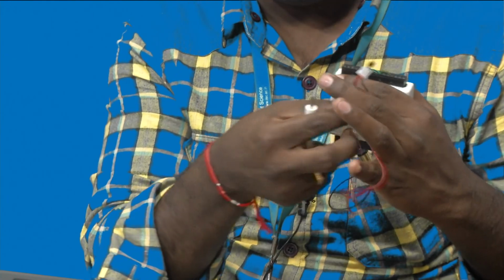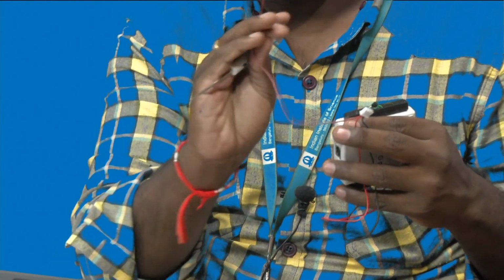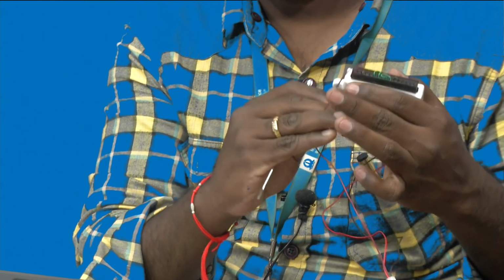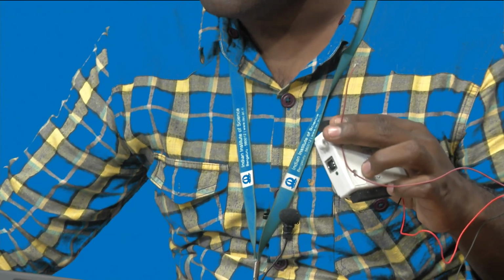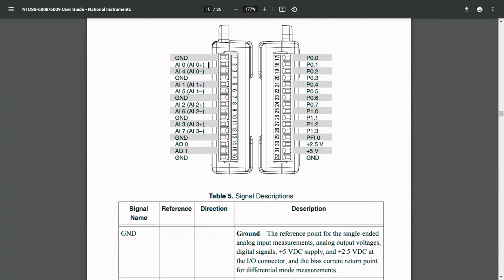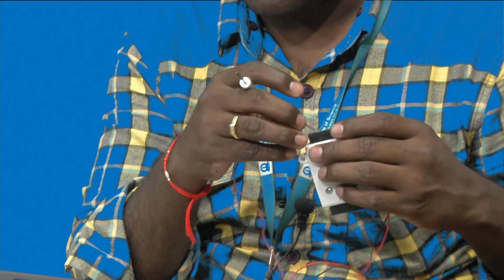Now the second pin, which is the output that gives 10 millivolts per degree centigrade, will be connected to the second terminal. The second terminal here is AI0 plus, or AI0. Since we are using a single reference, as we discussed previously, and the grounds are common in this case, I will only connect AI0, that is the second pin.